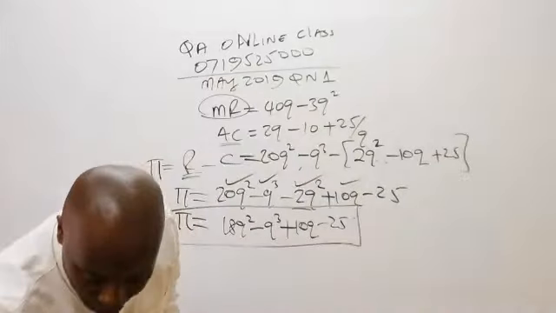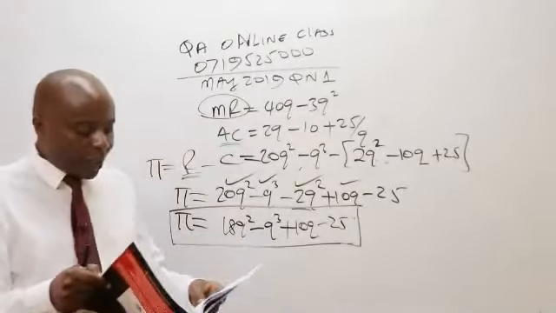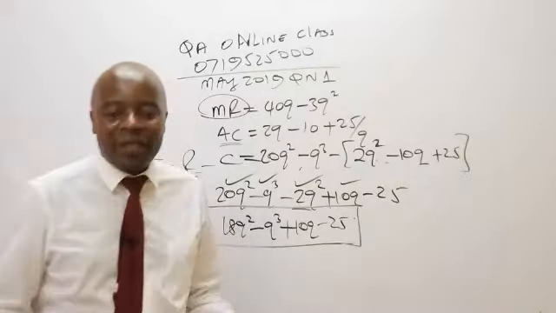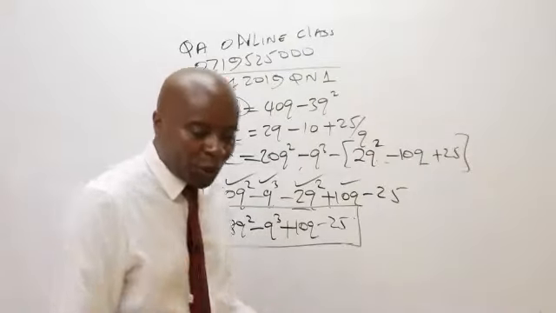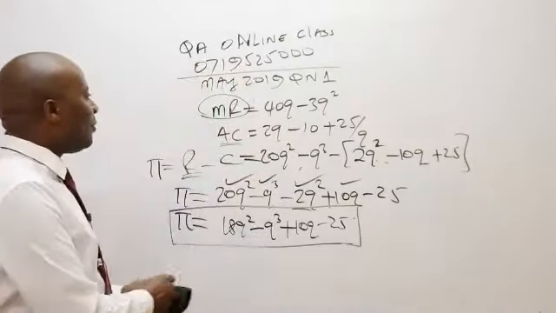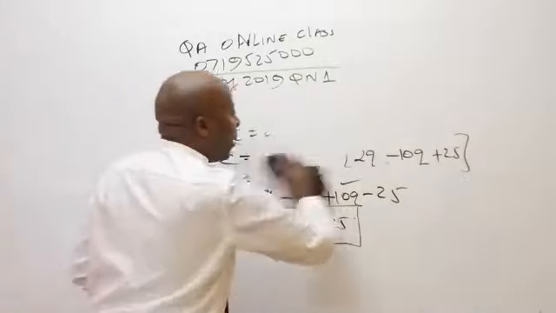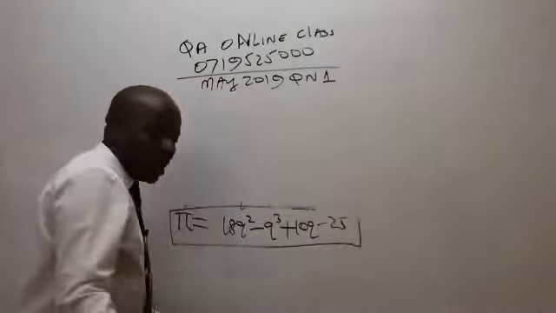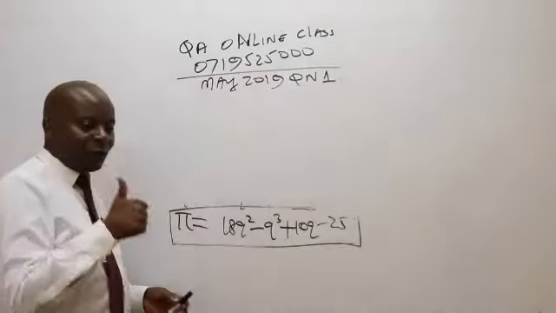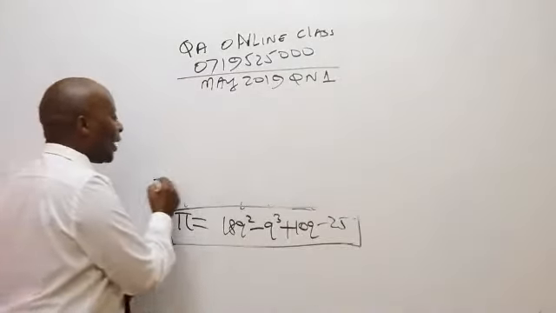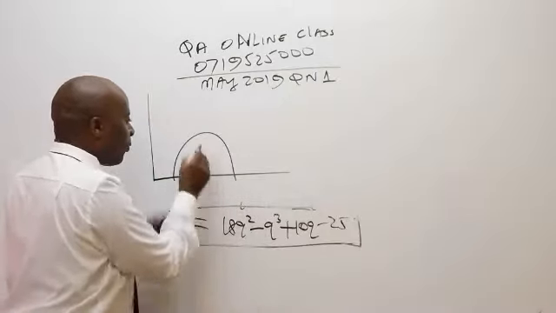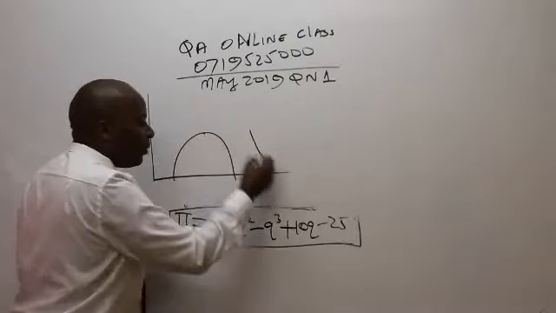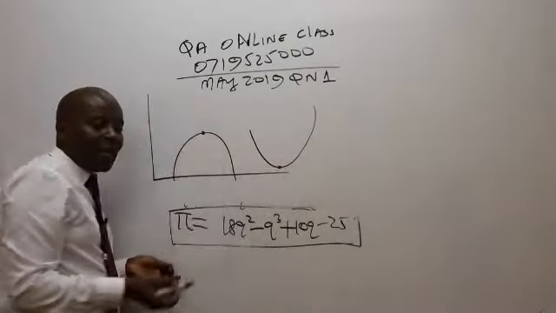Now, ladies and gentlemen, after that, the next thing that they want us to do is to give them the maximum profit. I'm quite used to these maximization aspects. So when they want me to give them the maximum profit, I know for sure that at maximum profit, where profit is maximum, or even minimum, we have what we call turning points.